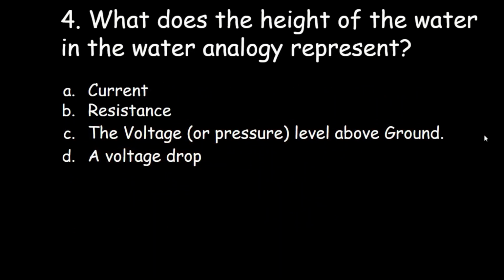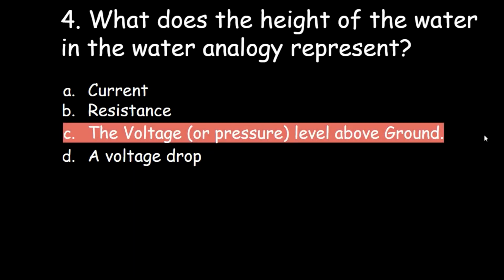Number 4, what does the height of the water in the water analogy represent? Current, resistance, voltage or pressure, the voltage or pressure level above ground, or a voltage drop. It represents the voltage or pressure level above ground.